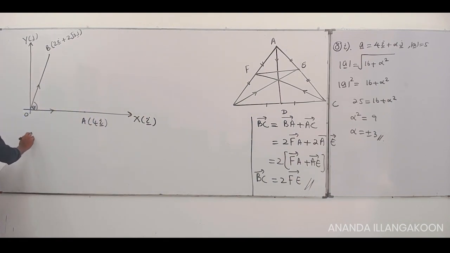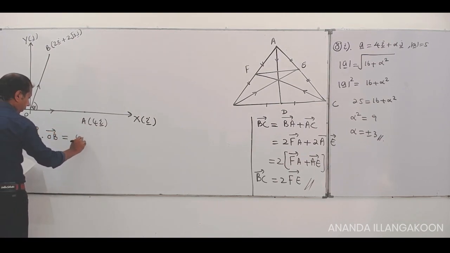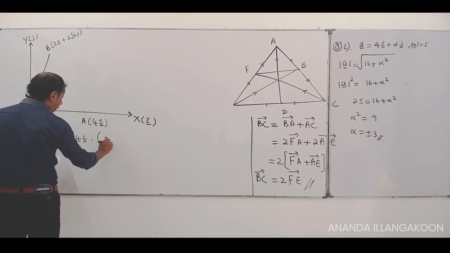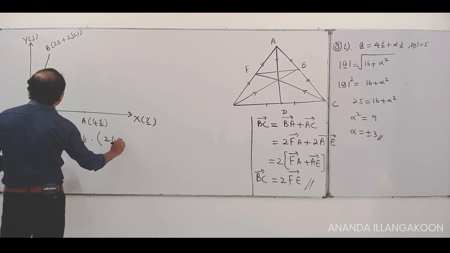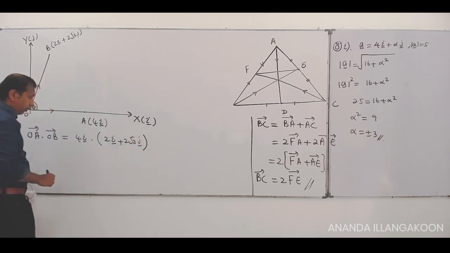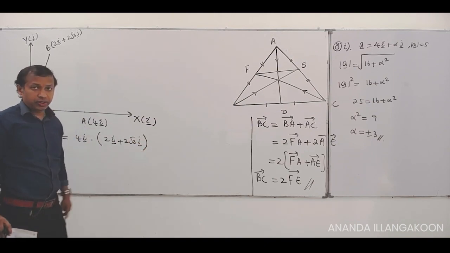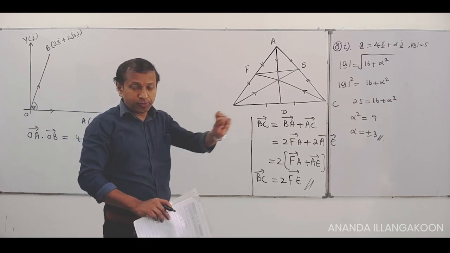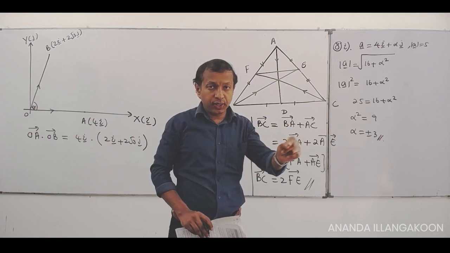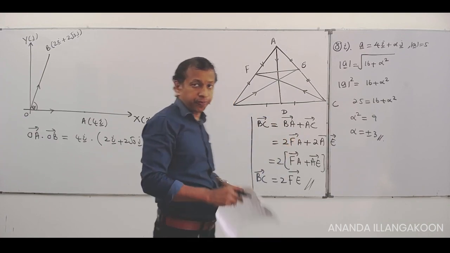We take it this way: OA vector dot OB vector. OA means 4i, dot OB, 2i plus 2 root 3 j. You know, when you take the dot product between two vectors involving i and j, we have to multiply the i coefficients and multiply the j coefficients of the vectors.